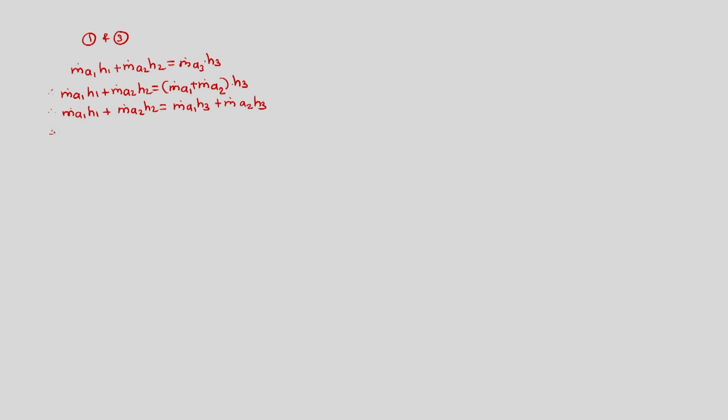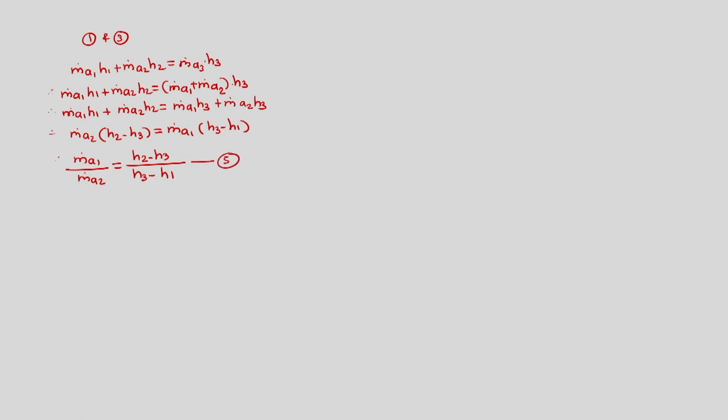So we have m dot A2 into H2 minus H3 is equal to m dot A1 into H3 minus H1. So we have m dot A1 divided by m dot A2 is equal to H2 minus H3 divided by H3 minus H1.